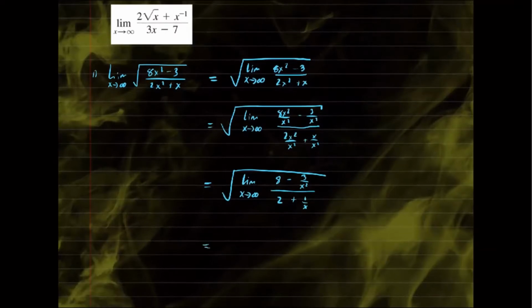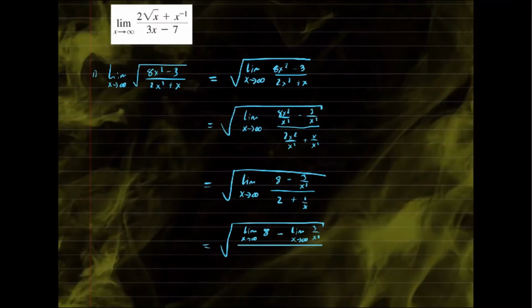So this is equal to the square root of, by limit laws, we can write this as limit as x approaches infinity of 8 minus the limit as x approaches infinity of 3 over x squared. So I'm showing more steps, but you can do all of this mentally. Then we have the limit as x approaches infinity of 2 plus the limit as x approaches infinity of 1 over x. Now analyze these limits.